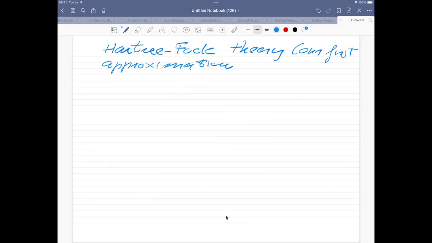Now, if you look at the Hamiltonian problem which we have put up, so we have an H times an eigenvector, which is equal to some energy times the eigenvector. So how do we solve this numerically as an eigenvalue problem?